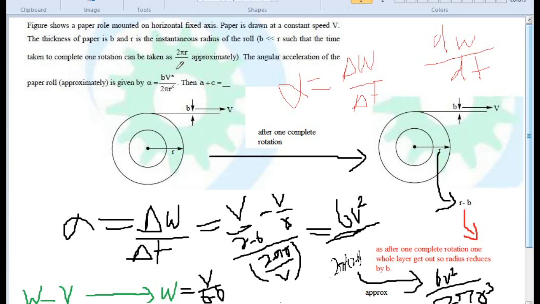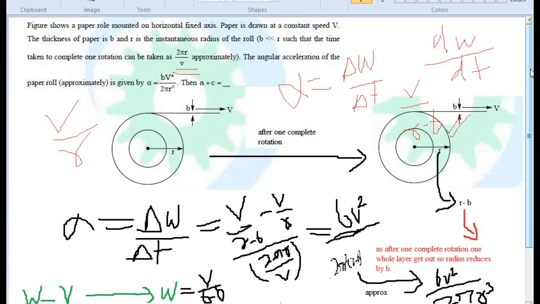Now how we calculated this time? Obviously when we complete one complete rotation, the radius will be r minus b, as I cleared previously. And first the radius was r. So what was omega? V upon r, because this is velocity and radius is r. V upon r, and here v upon r minus b. So somehow b being too small, omega remains the same.